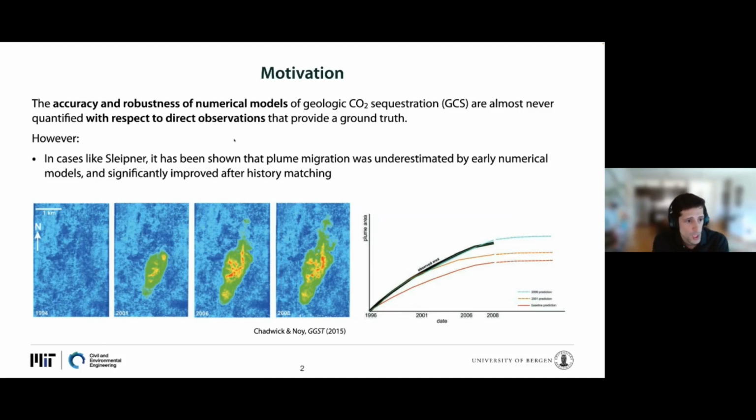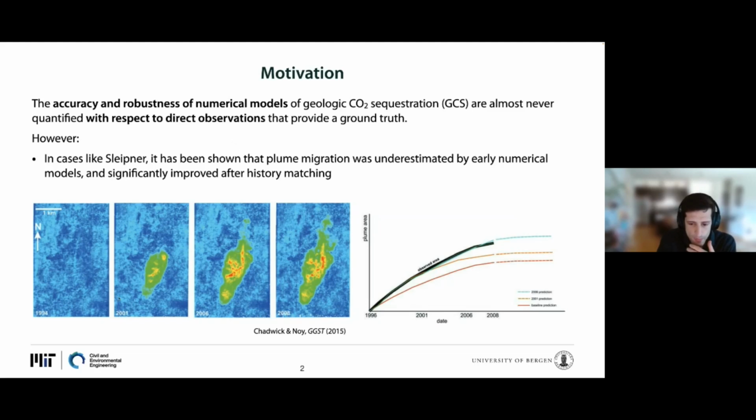So that being said, there's some published results in the literature which obviously have performed forecasts based on numerical models of CO2 migration. And one of the things that we have seen in comparison with some available monitoring data from the field is that these models tend to underestimate subsurface CO2 migration.